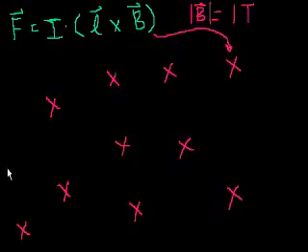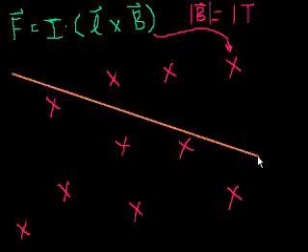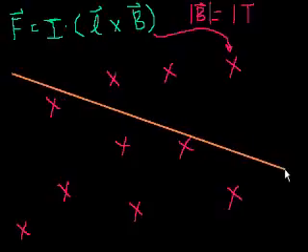1 Tesla. And let's say I have a wire going through that magnetic field. Let's say the wire is in the plane of your computer monitor. So let me just draw a wire going through the magnetic field.